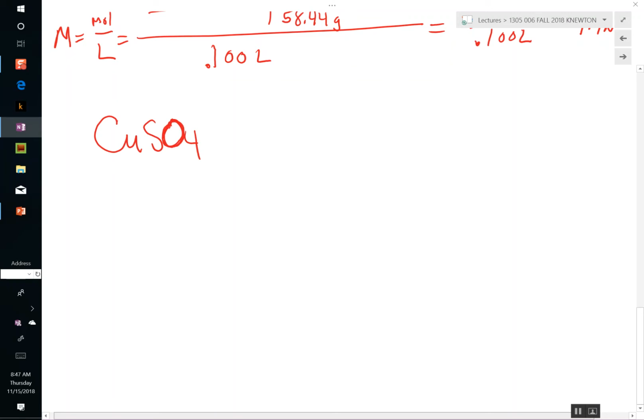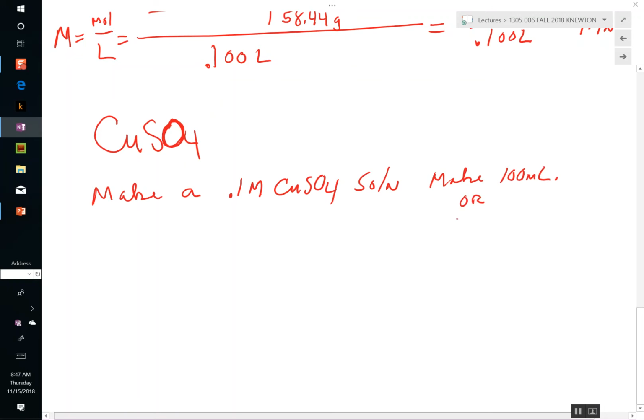And I want to make a 1/10 molar copper sulfate solution. Make 100 milliliters, or 0.100 liters of this.